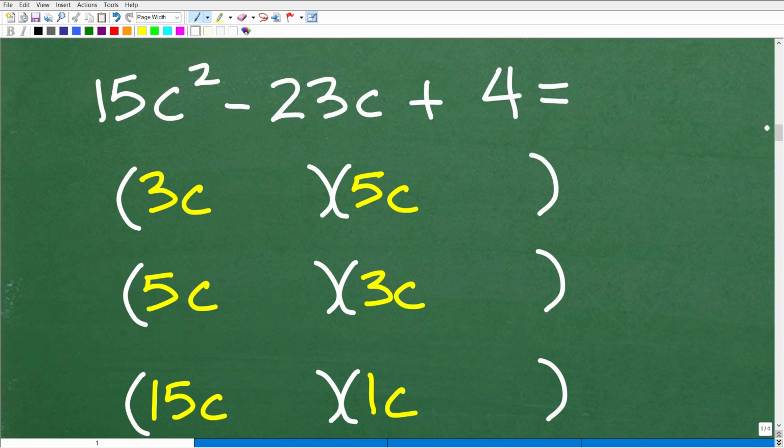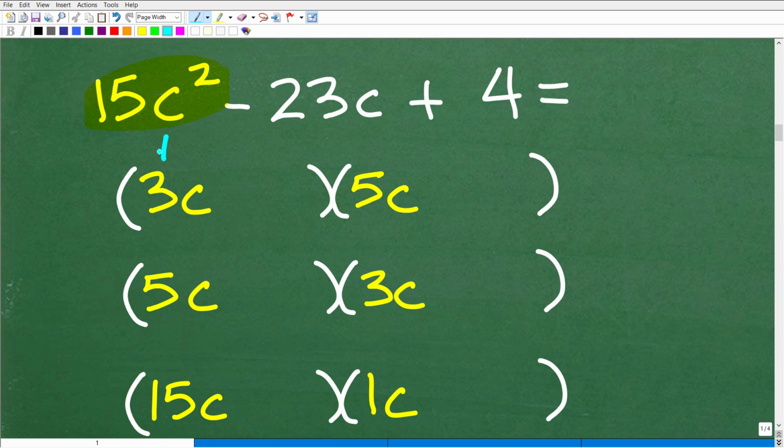This is a whole discussion in and of itself, how to factor case-2 quadratic trinomials, something like this. But a lot of you are going to be saying to yourself, all right, well, I have a trinomial. It's going to factor into two binomials, two things like this, okay? And I'm looking at this 15c squared, and you're looking at different factors of 15c squared.